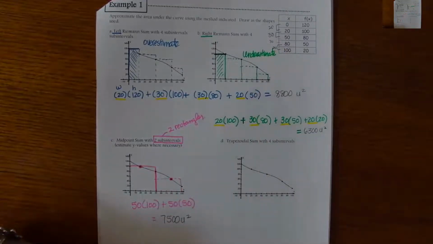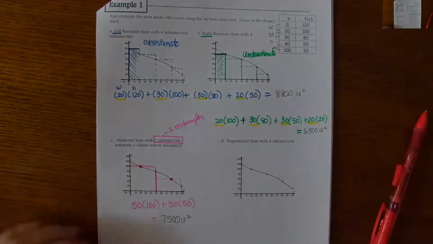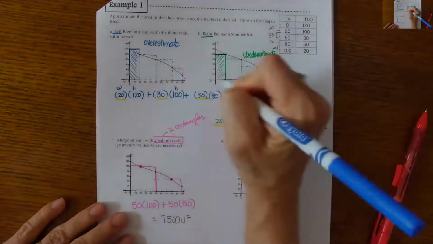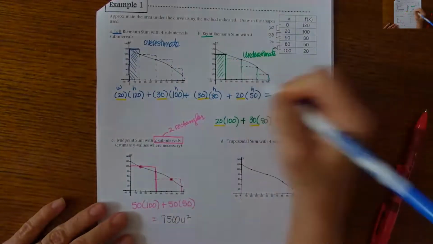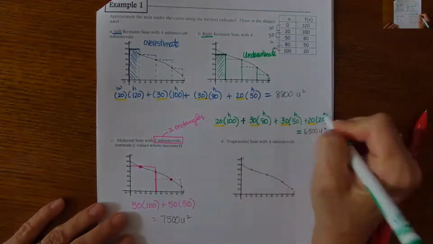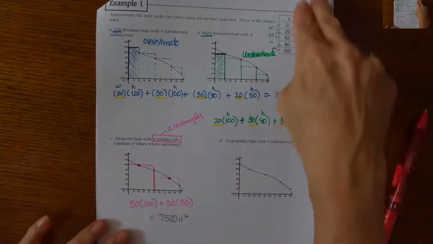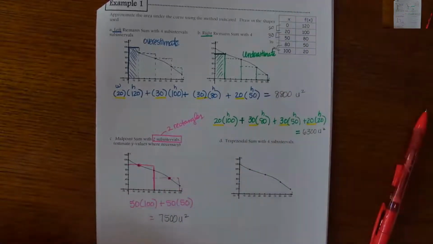True? Now, what do you notice about the heights? I'm going to put a little H above all those. I want you to look at the heights and I want you to look at the table and tell me how you could easily find these without drawing rectangles.